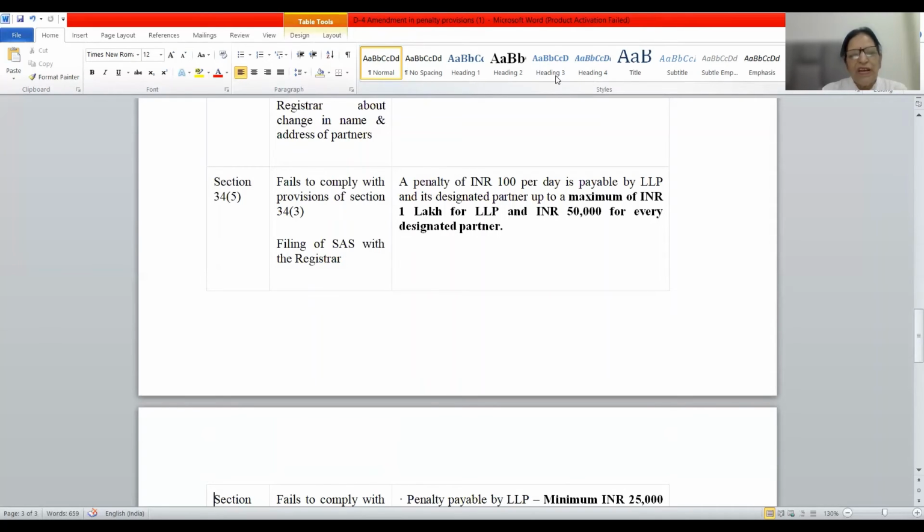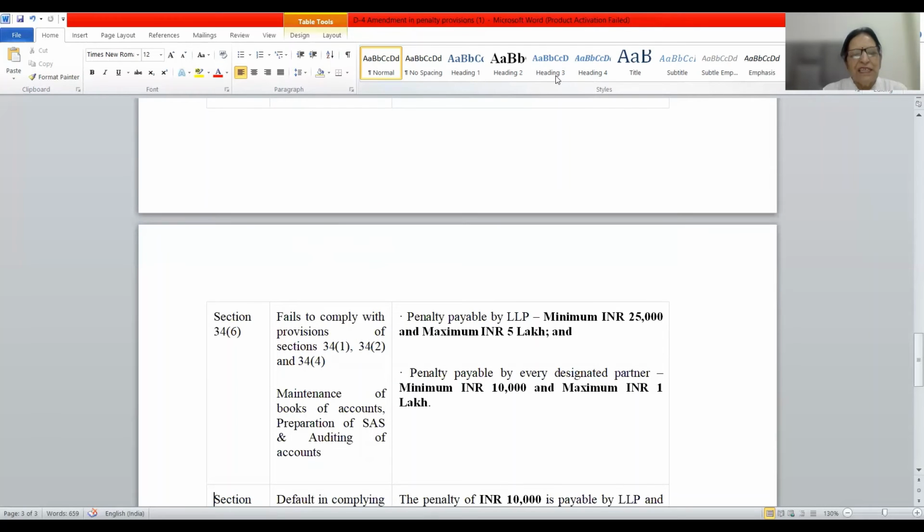And now moving ahead, friends, which is section 34 subsection 6. If LLP fails to comply with the provisions of section 34.1, 34.2, 34.4, then in that case there is a penal provision.